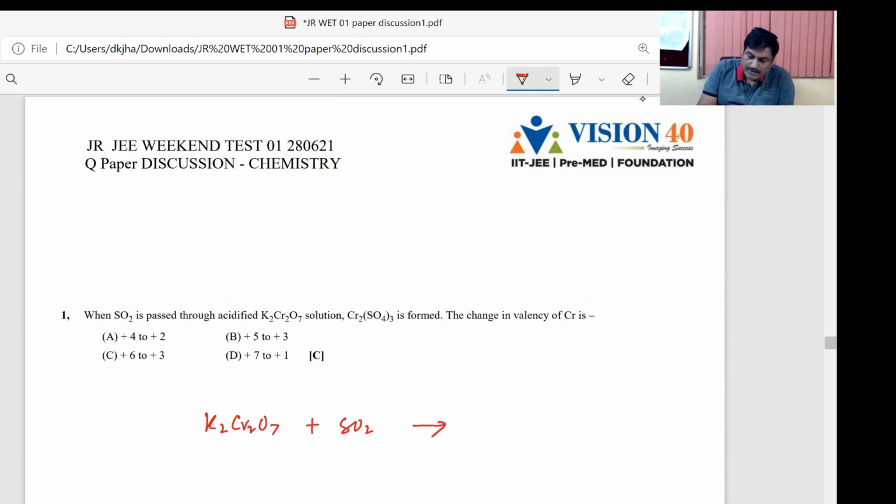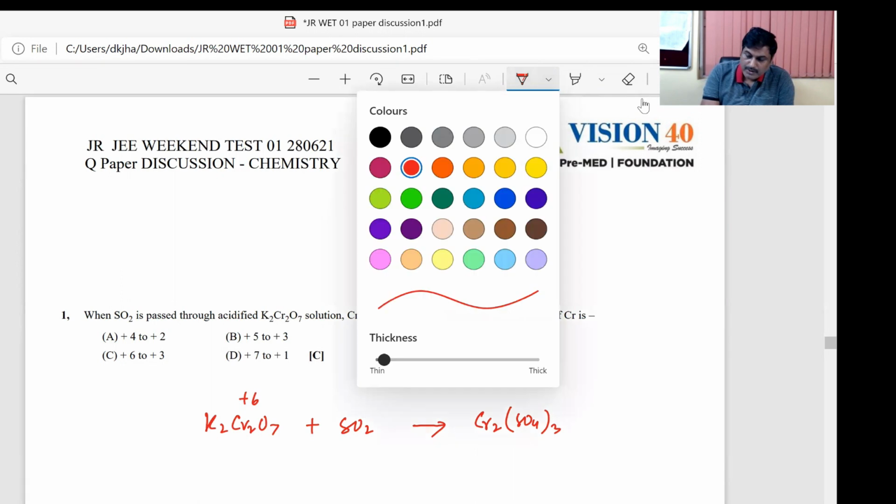What forms is already given: Cr2(SO4)3. What is the oxidation state of the chromium in K2Cr2O7? This one is +6. You know how to calculate this oxidation number. Is it correct or not?